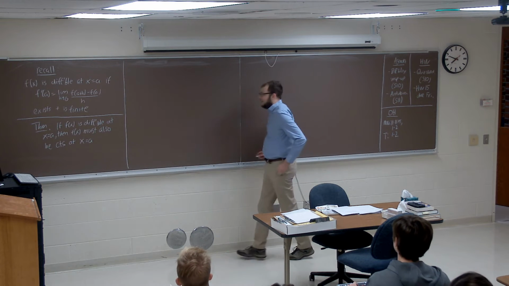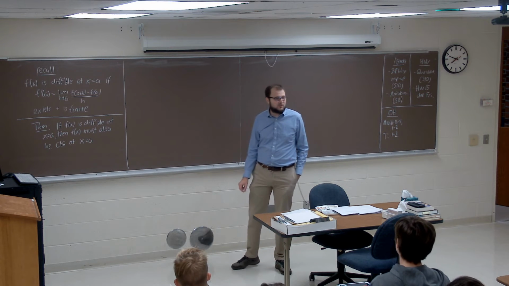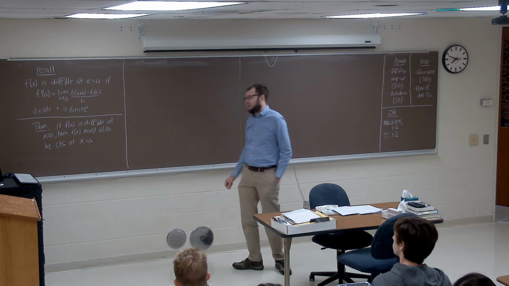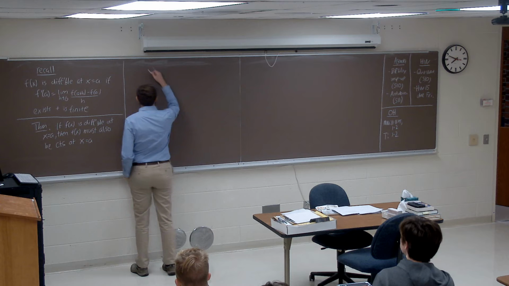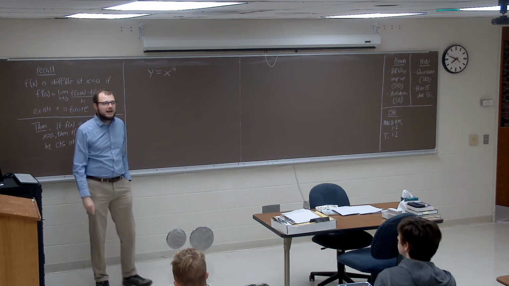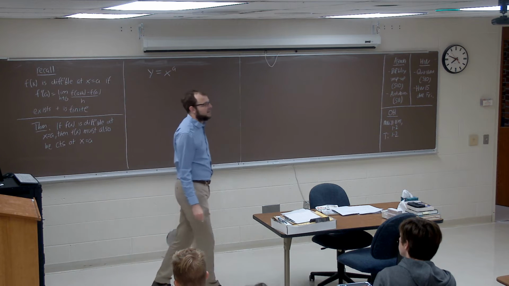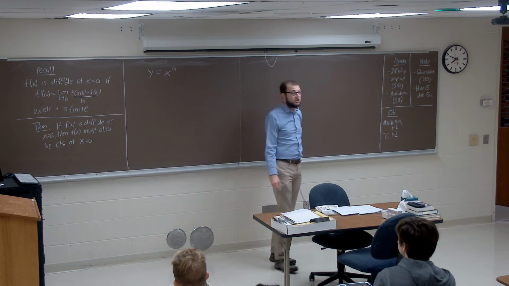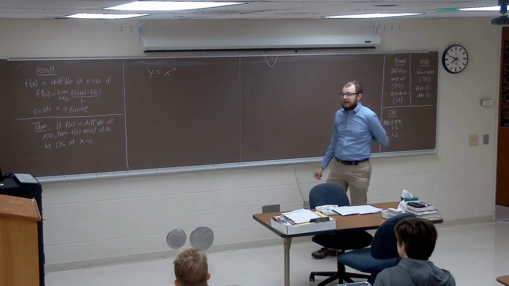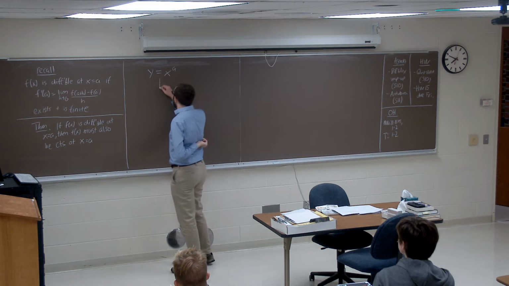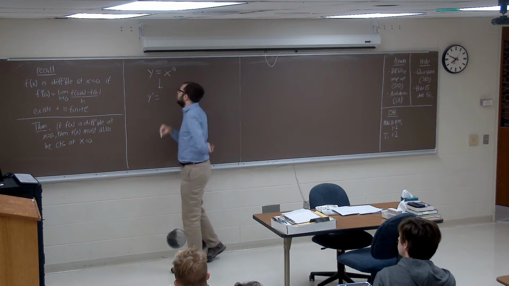So before I jump in, I thought it would be fun to do a little bit of review and then see something a little bit new. If I were to give you y equals x to a constant power, x to the a, so something like x squared or x cubed or x to the 10th power, and ask you to differentiate that, what would you get?